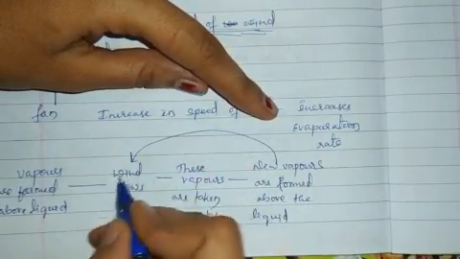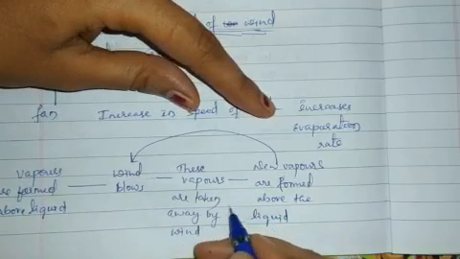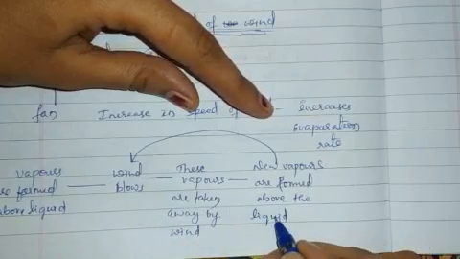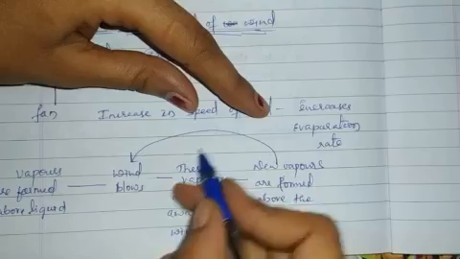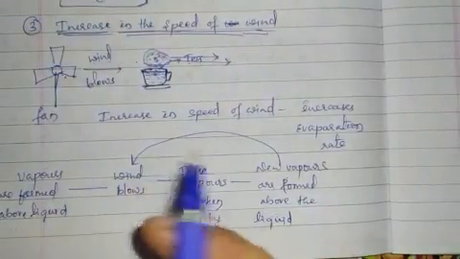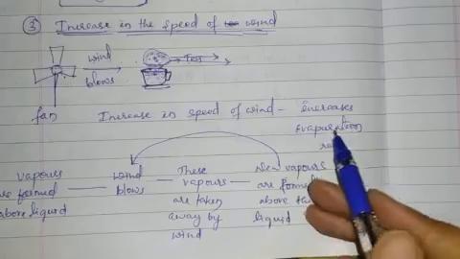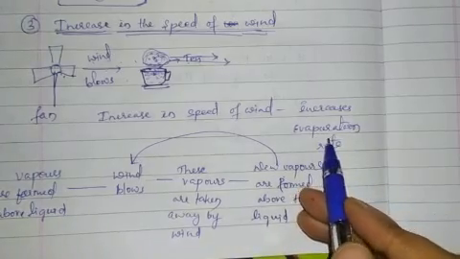As the wind continuously blows, it will take the vapor particles which are formed above the liquid. With the increase in the speed of the wind, there is an increase in evaporation rate. Okay, this is the third factor.